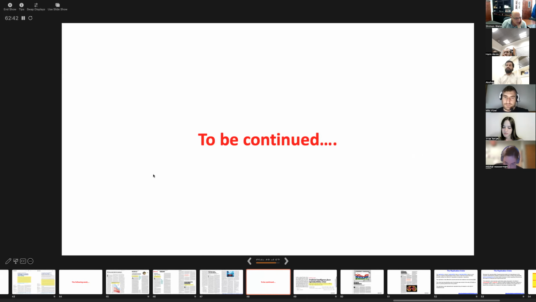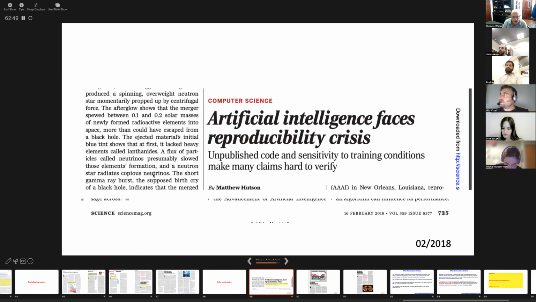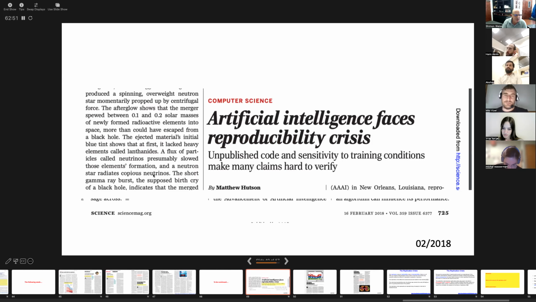So this whole crisis of replication, you will continue to hear about this. This is a really huge issue, and it's not only in biology. Think about artificial intelligence, very popular nowadays. AI itself is facing a big problem of reproducibility. Unpublished code and sensitivity to training conditions make many claims hard to verify.